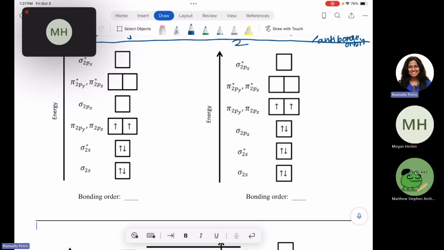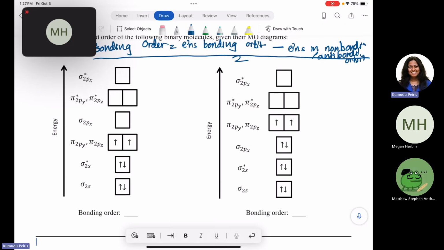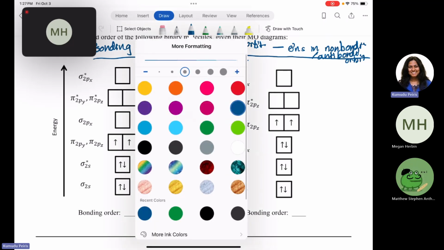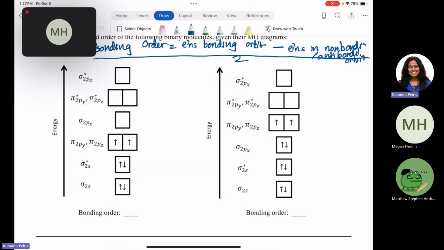When you see a star here, that means it is an anti-bonding orbital.